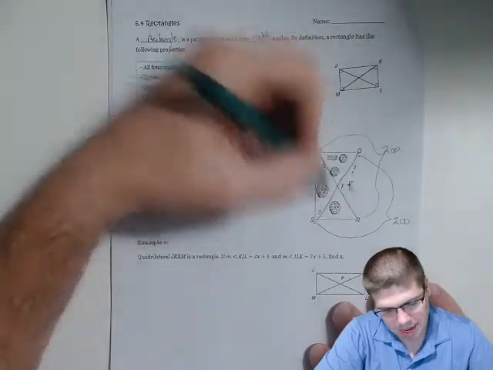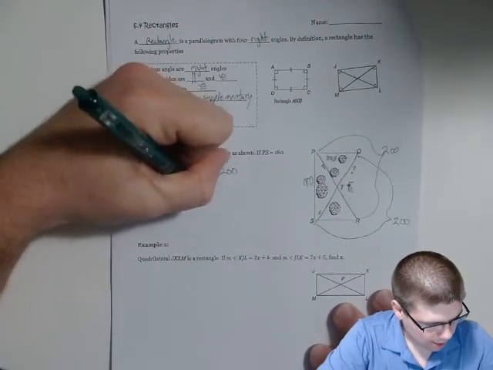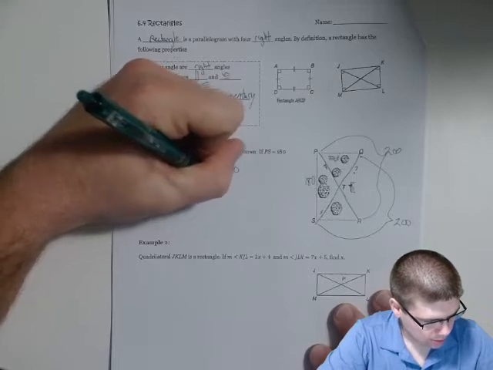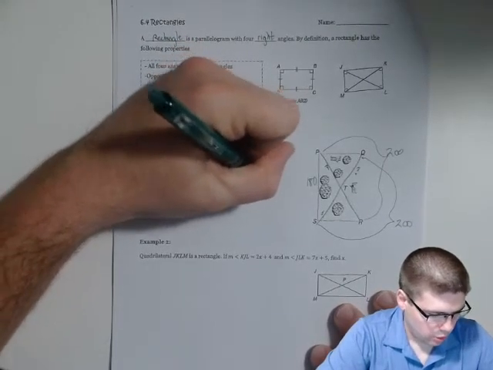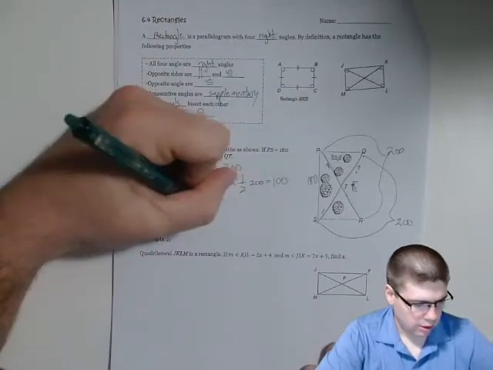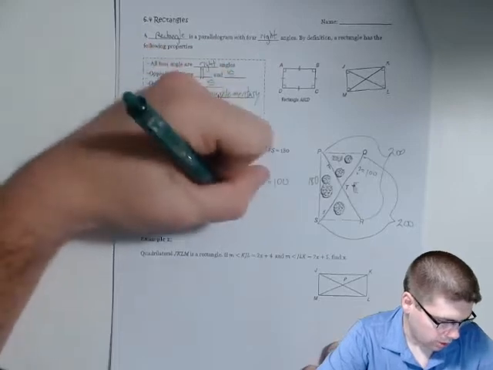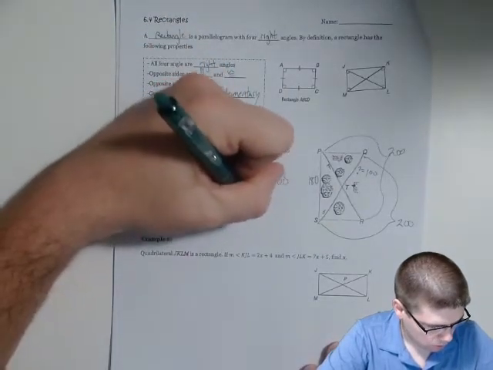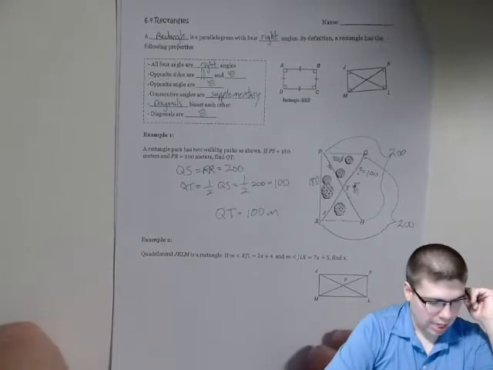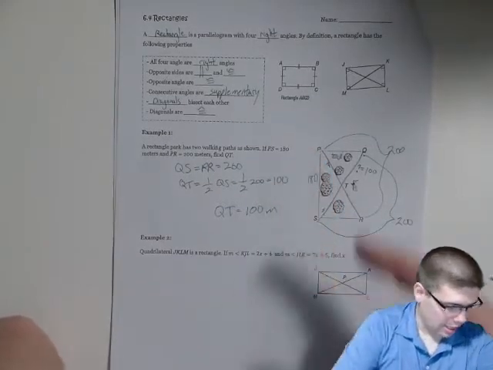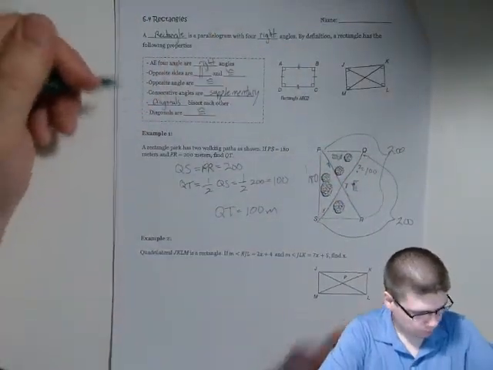So QT is going to be half of that. So QT is equal to 1/2 of QS, which is 1/2 of 200, which is 100. All right, so QT, that measure is 100 meters. And that's using some of our diagonal properties. We really didn't need this measurement at all, this 180 over here.